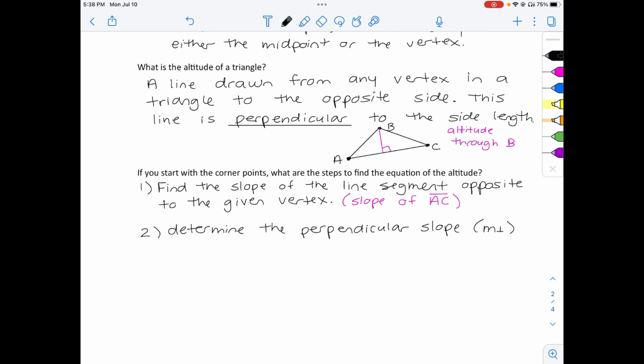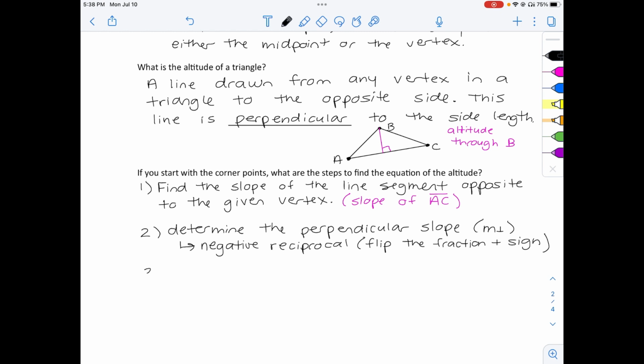So determine the slope that's perpendicular to the slope from step 1. Okay, and you do that again, we talked about this yesterday, by finding the negative reciprocal. So you're going to flip the fraction and flip the sign. So if it's negative, make it positive. If it's positive, make it negative.